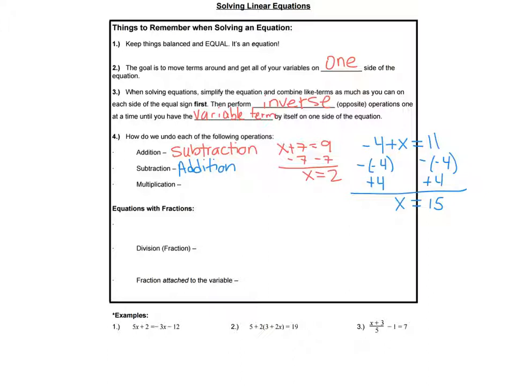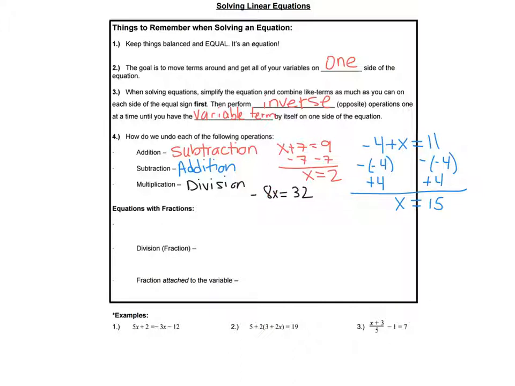The inverse of multiplication is division. So if we have an equation like negative 8x equals 32, and we want to solve for x to undo multiplication, because that's what this means, when we have two things shoved next to each other, so negative 8 is shoved next to the x without a symbol in between, that means multiplication.